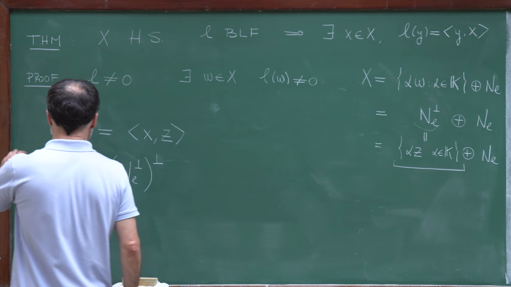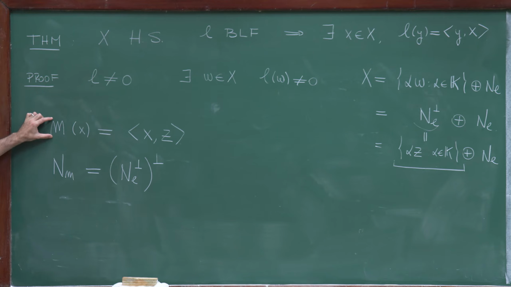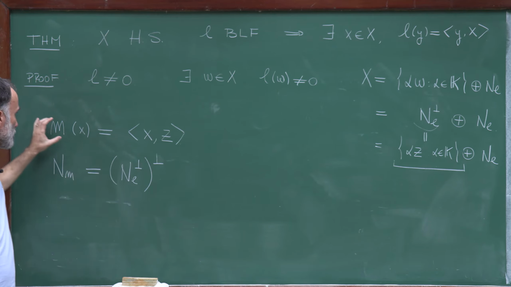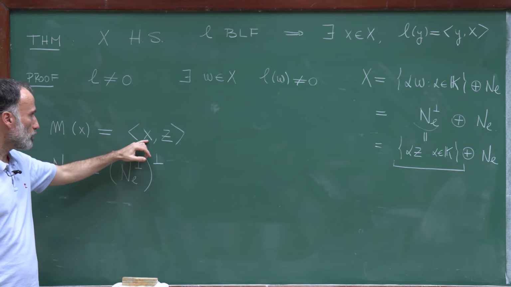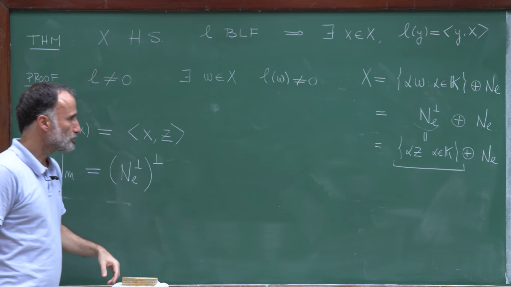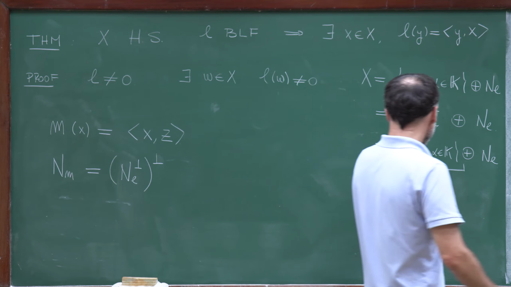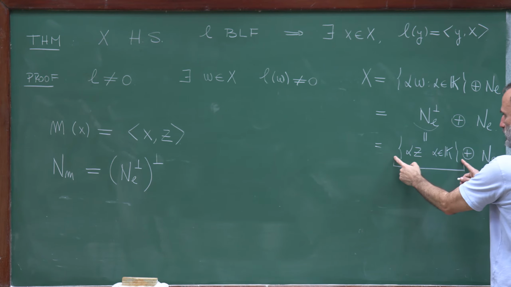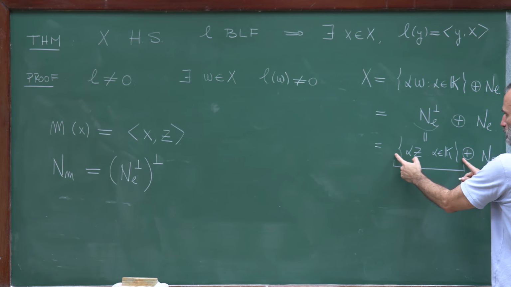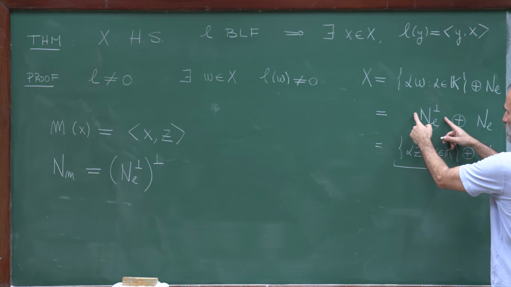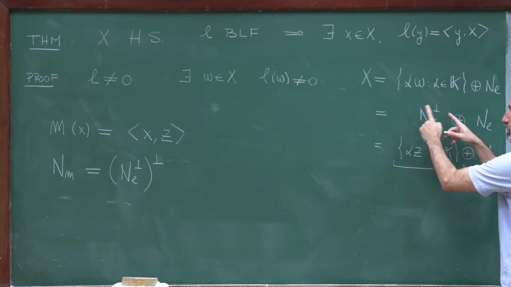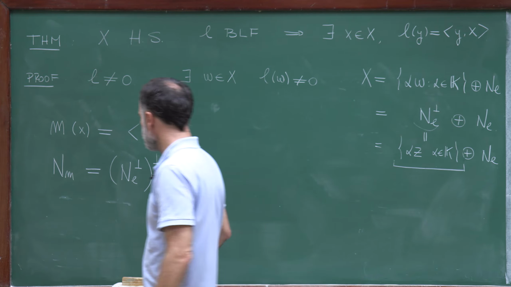Right? So let me repeat this. I define this linear functional M. Now, what is the null space of this M? These are all points which are orthogonal to Z, so all points which are orthogonal to this set. So the perp of this set, but this set is this one, so it's the perp of this one, so it's the double perp.